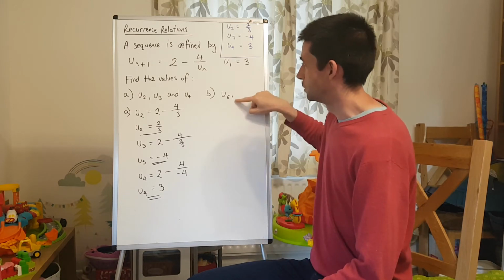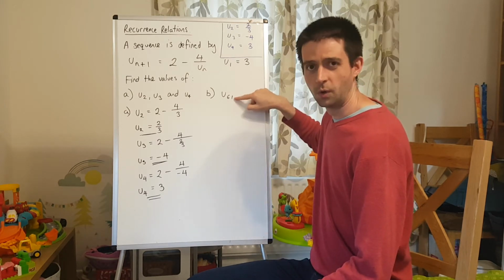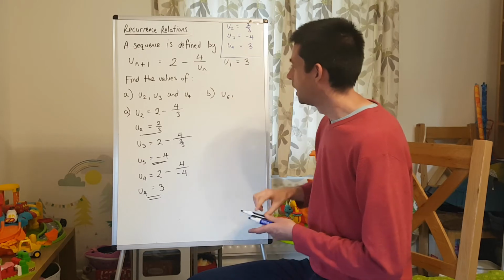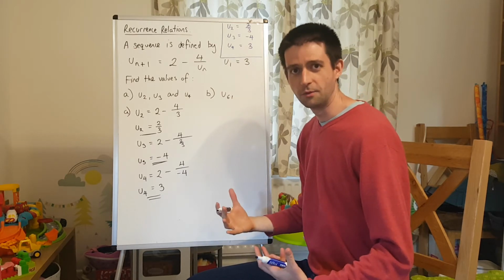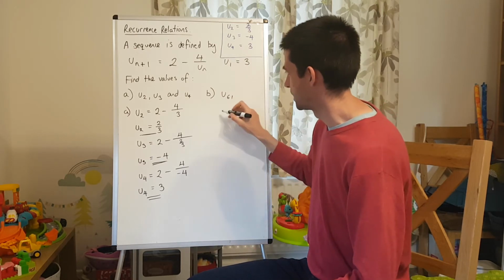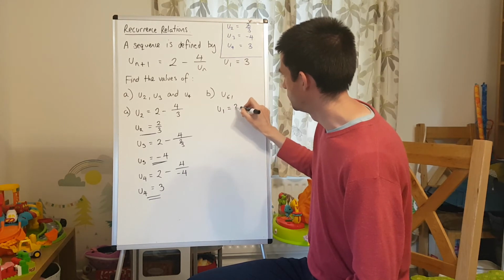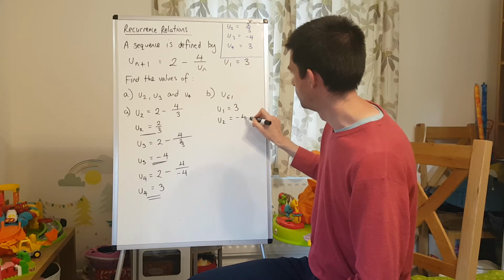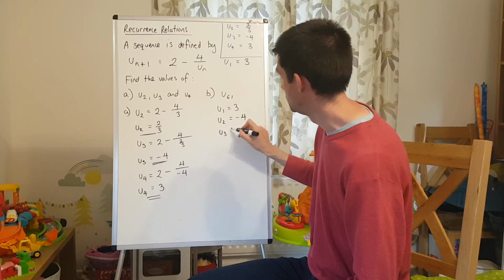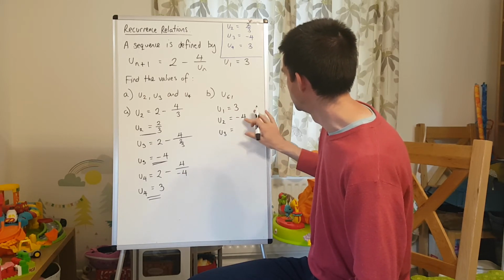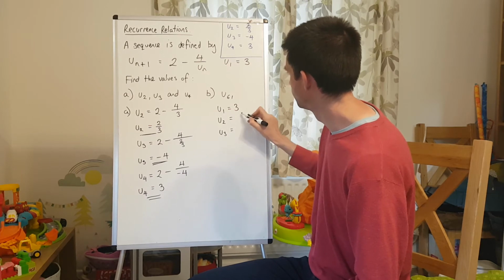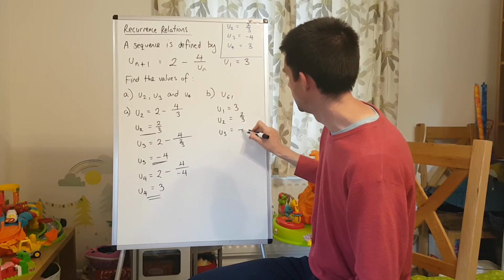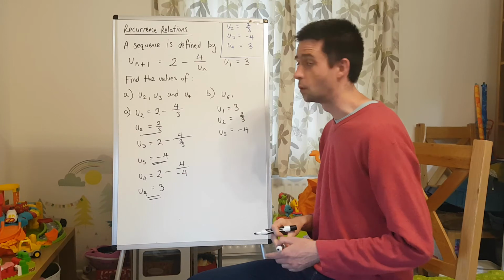So you may have thought, oh, strange that we're only asked for u61. Rather than calculating every single term up to that, we need to look at a pattern. So we have that u1 is 3, that u2 is 2/3, and that u3 is negative 4.